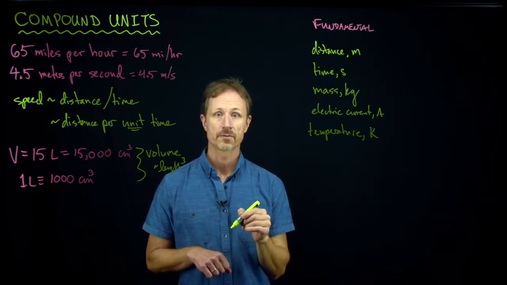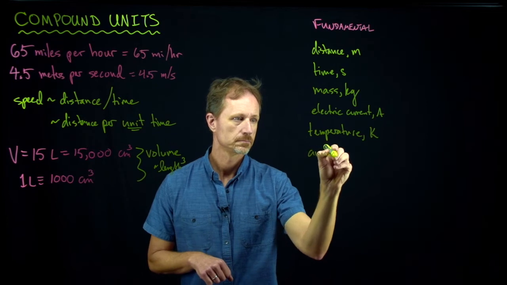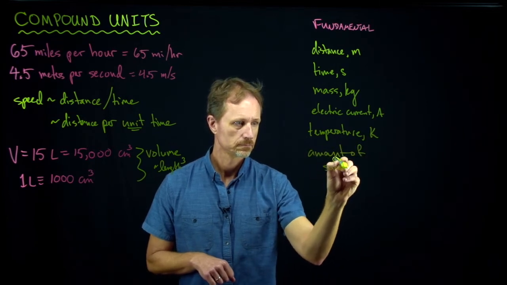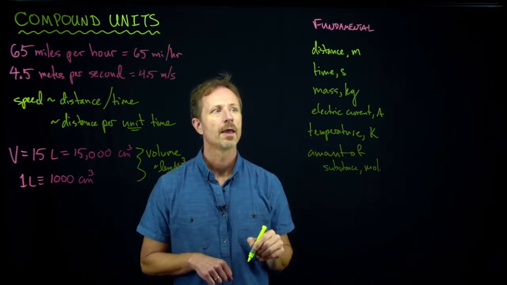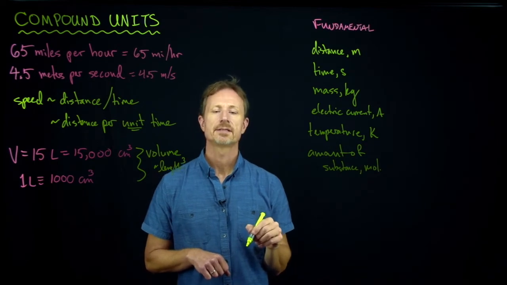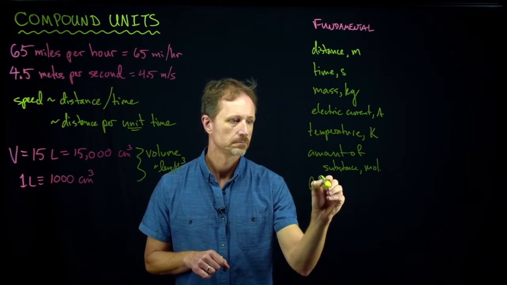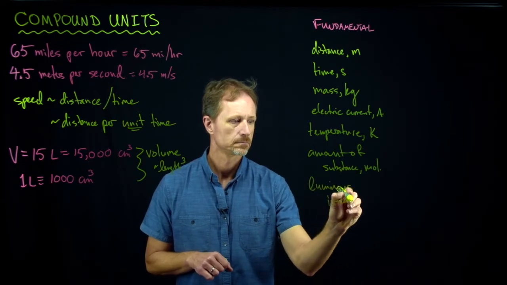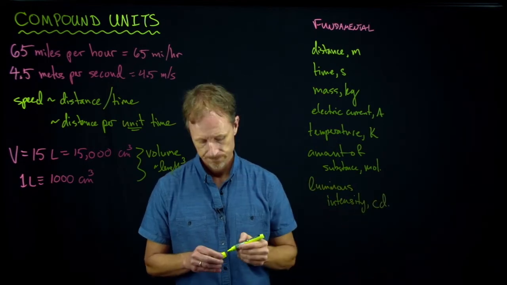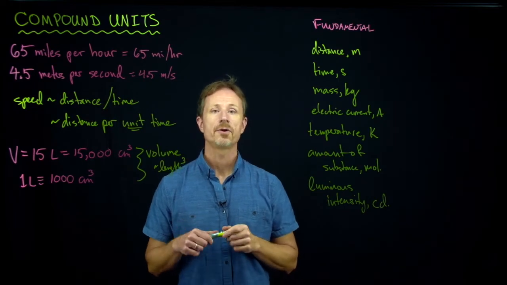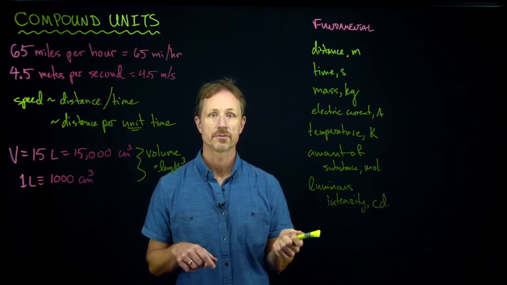You may remember that one from chemistry class. And luminous intensity, basically brightness of light, in candelas. That's it. Any other unit you encounter is some combination of those, a compound unit.